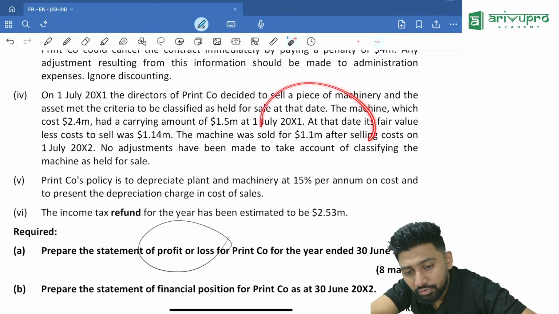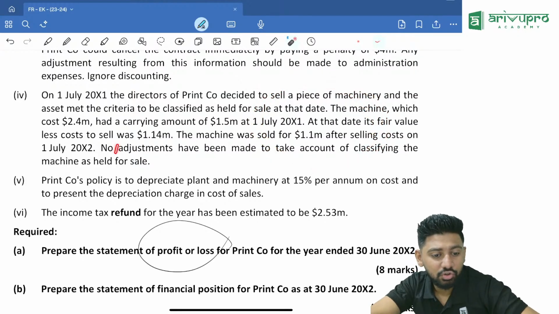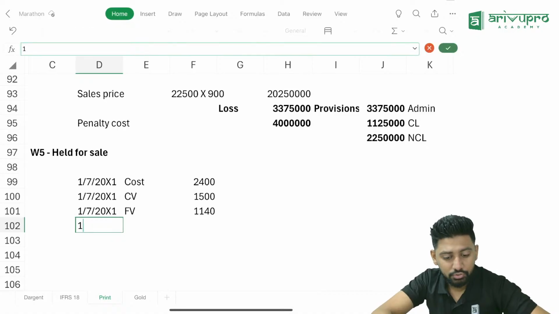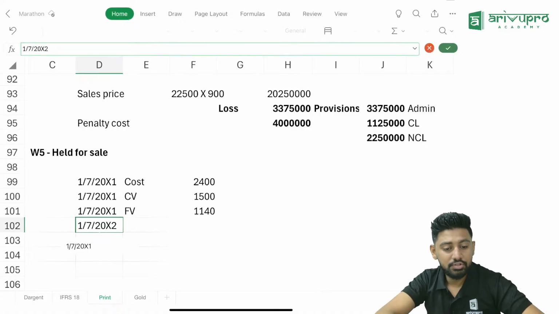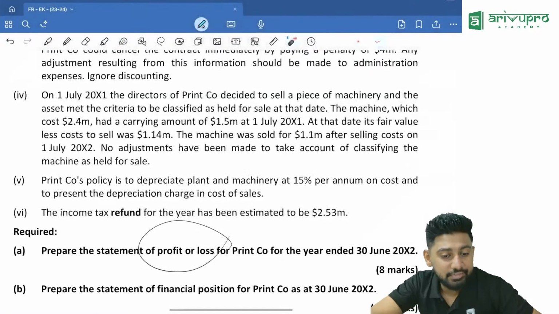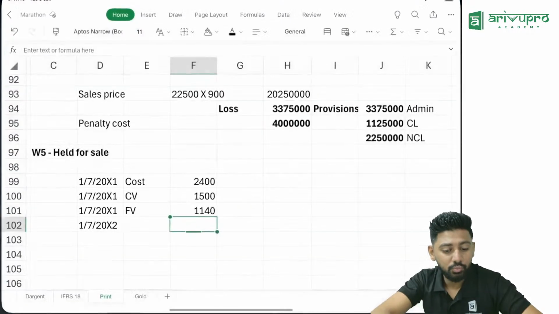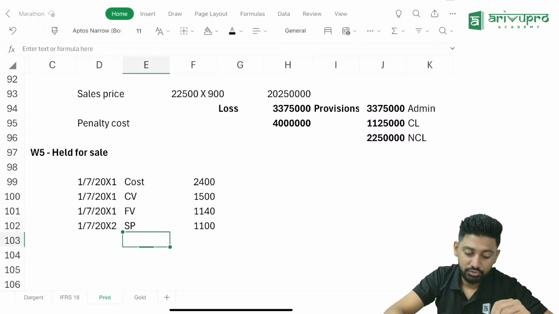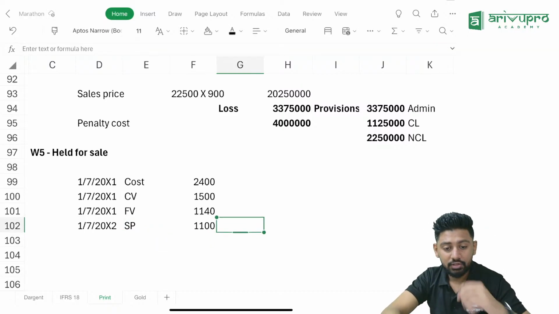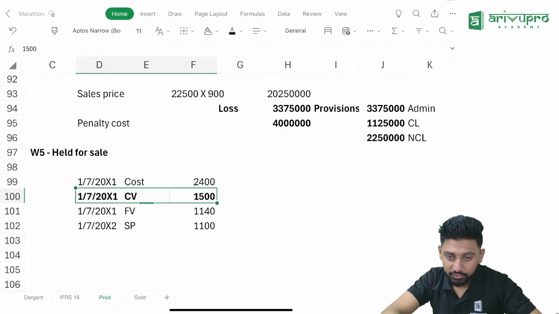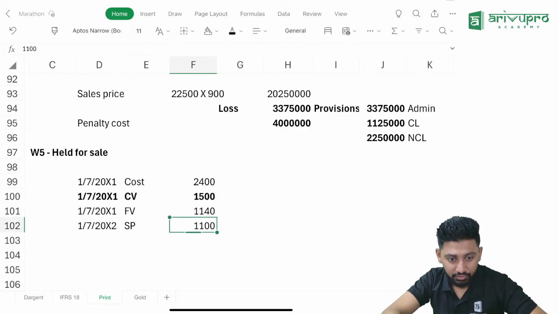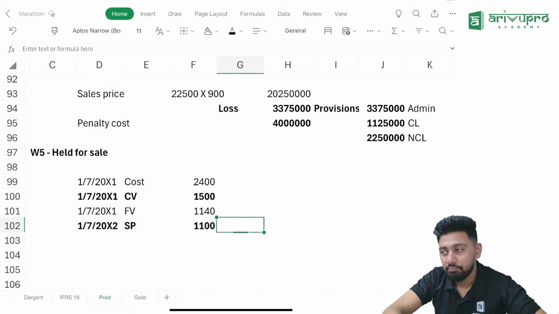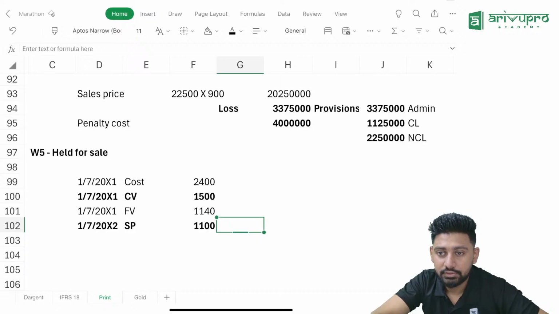The machine was sold for 1.1 million after selling cost on 1st of July 2012. So now on 1st of July 2012, the machine was sold for 1,100, the sales price. So basically, your carrying value was 1,500 at the beginning of the year. Right now, your disposal value is 1,100, meaning there is impairment.